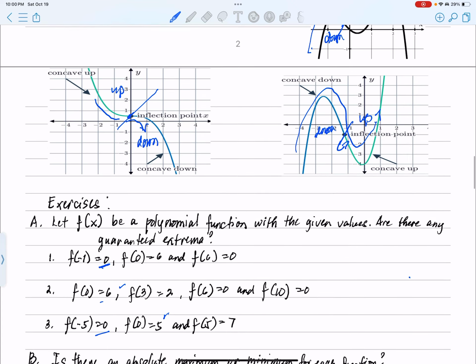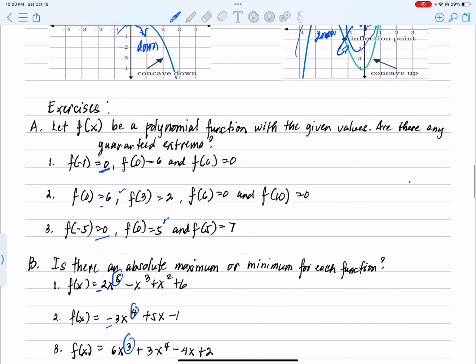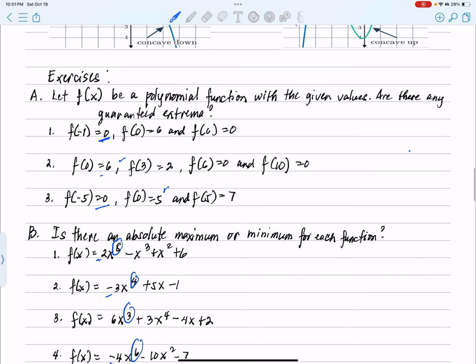Okay, let's do some exercises here. Let f be a polynomial function with the given values. Is there any guarantee of an extrema? Extrema meaning, is there any guarantee whether it's maximum or minimum?